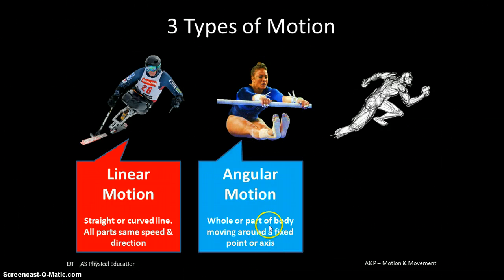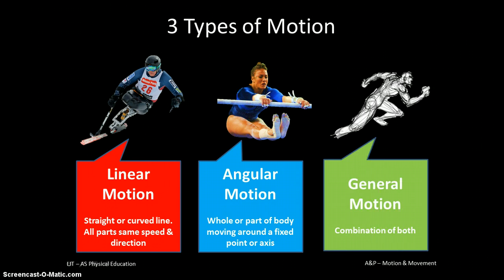Now it also can be part of a body, so it could be a limb. For example, bowling, your arm rotates around the axis of your shoulder joint, or when you run or cycle, your hip and knee joints act as axes and the bones rotate around them. So it can be part of a body or a whole body.